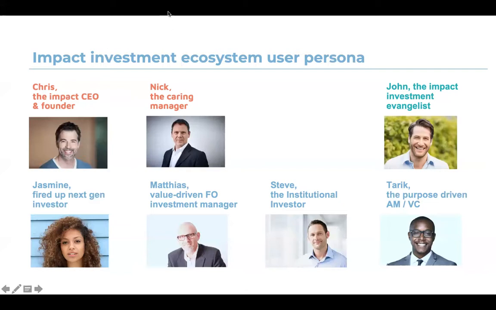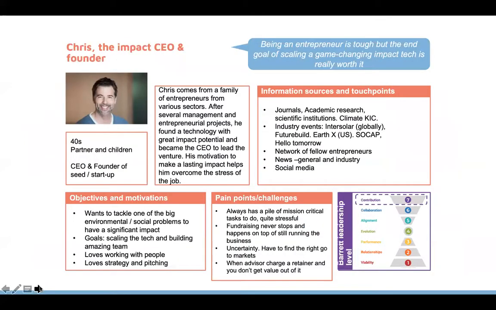They come from different types of financial institutions, and their attitudes and needs are driven by the governance of the fund they represent, but also their personal values and their alignment with social and environmental impact. We also created an influencer persona, which is important, especially when we come to communication and PR strategies. So if we go to the first entrepreneur, Chris.